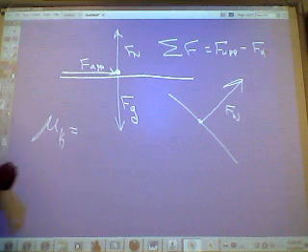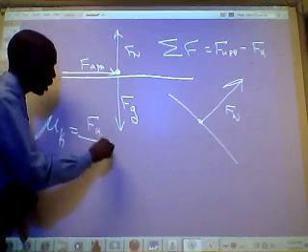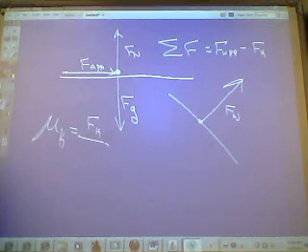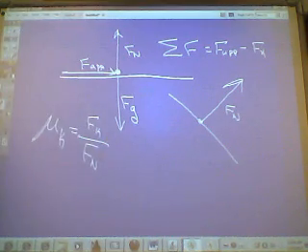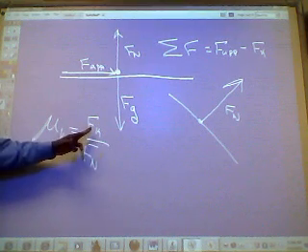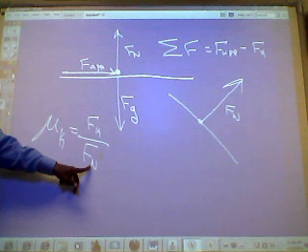But here, what is the formula for the coefficient of kinetic friction? Mu_k equals F_k over F_W. F_k over F what? Oh, N. That's N, my bad. So this coefficient is the frictional force over the normal force.